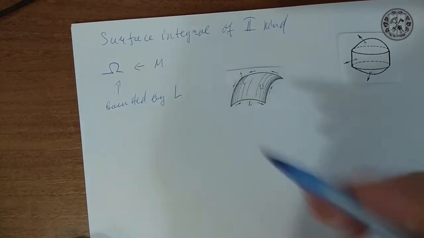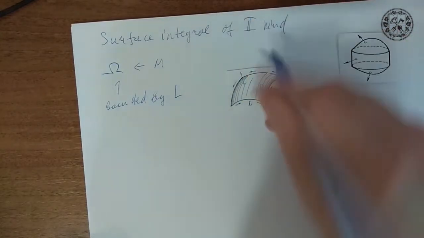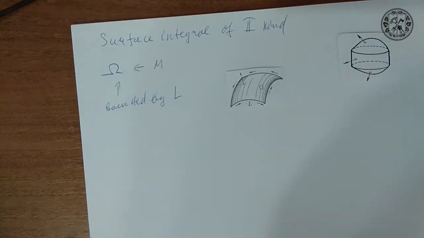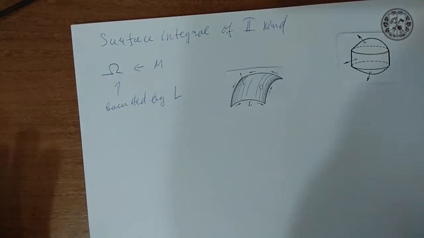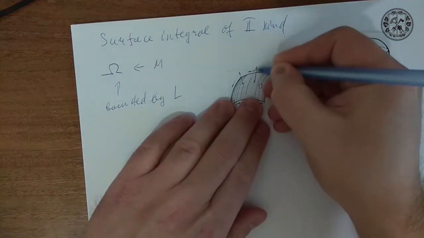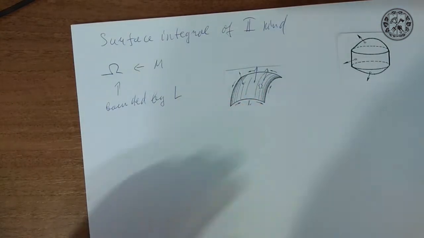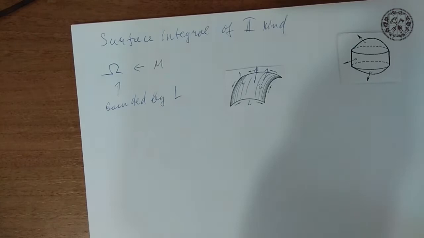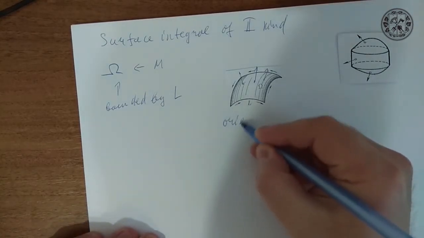Following this line L, the normal vector will go up here. If we have a surface that has a normal vector specified for each point, then such surface will be called an oriented surface.